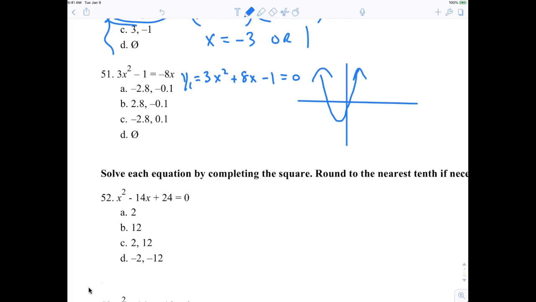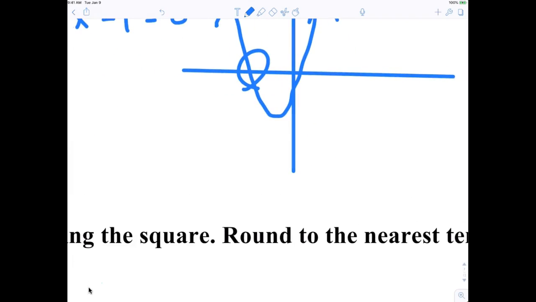B, C? Which one? I think it's C, right? Because this over here is negative, and if you look carefully, that's between -2 and -3. So the only one between -2 and -3 is -2.8, and then it was positive 0.1. This over here was positive, and this one over here was negative.